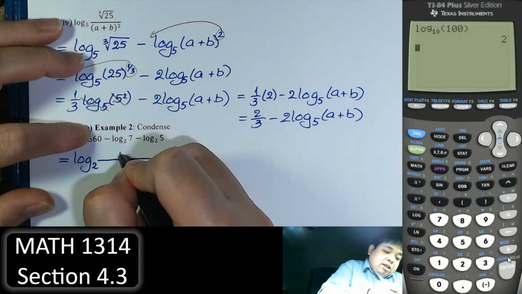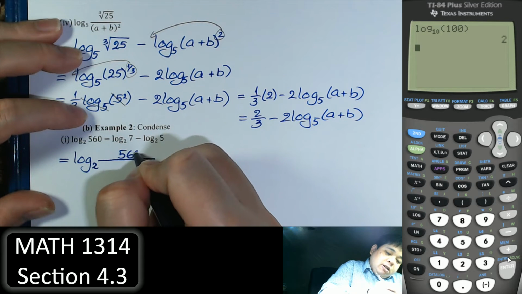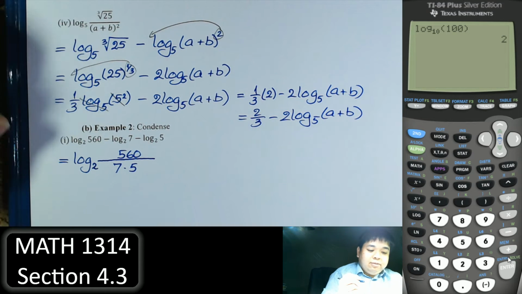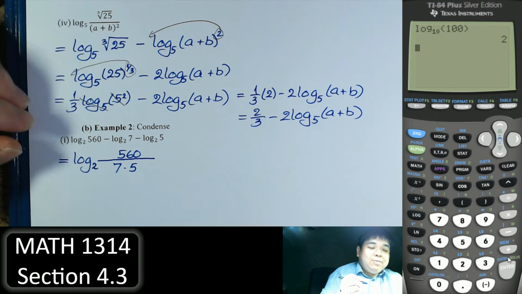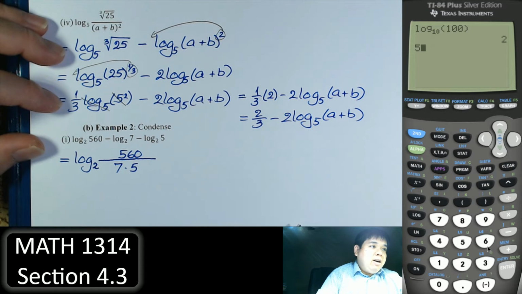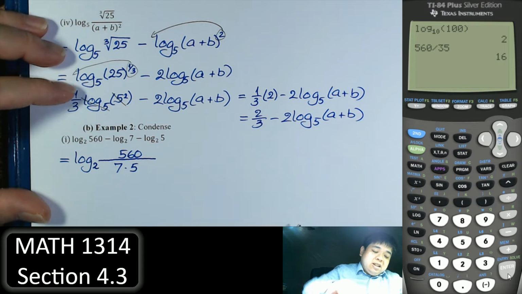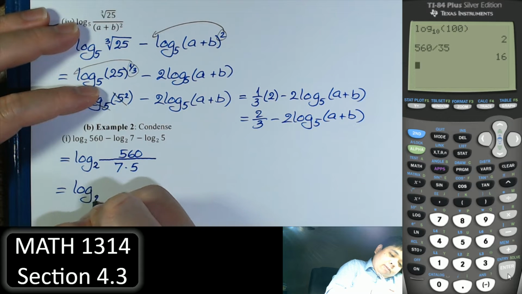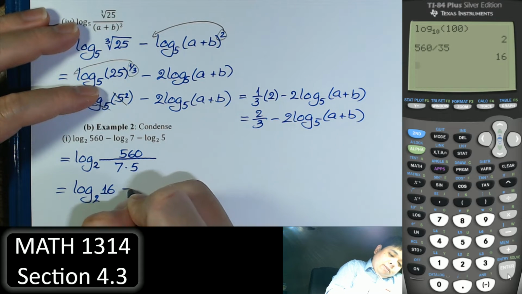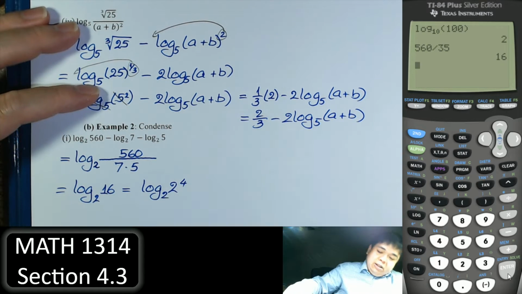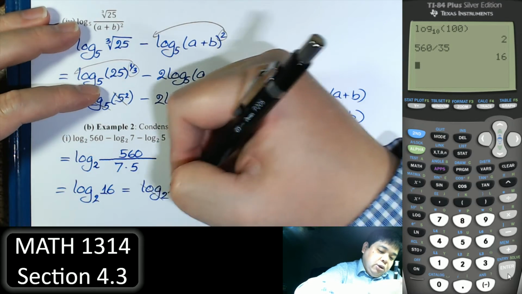So you have 560 on the top, 7 and 5 at the bottom. Right? Now just simplify. 7 times 5 is 35. 560 divided by 35 is 16. And we can write that as 2 to the 4th power. Base of 2, base of 2.